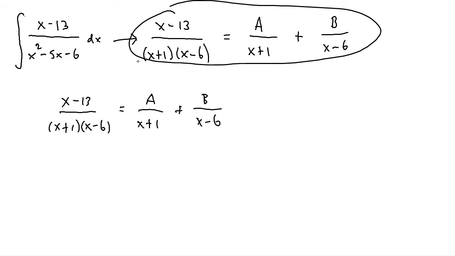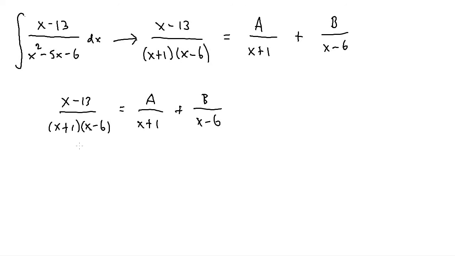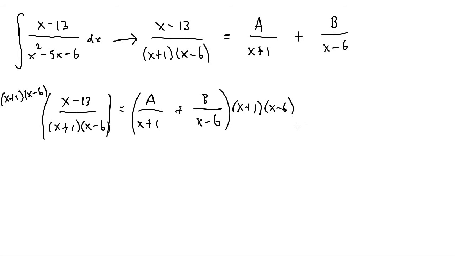The next step is to multiply both sides of the equation by x plus 1 times x minus 6. So when I do that, it'll cancel out the denominator.